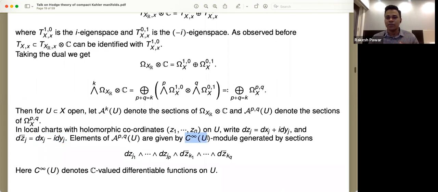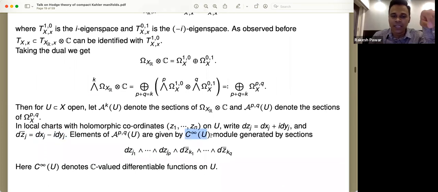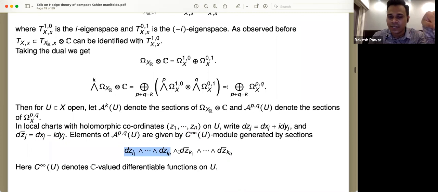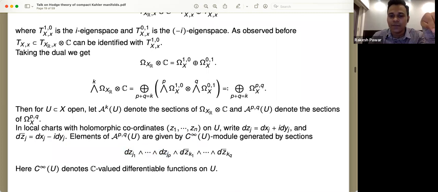So C^infinity(U) is all complex valued differentiable functions on U. So this is a ring, and I want to take the module generated by sections, which are these dz. So you take p many differentials in terms of the coordinates z_i, and take the q many differentials of the anti-holomorphic ones, dz bars, and take the q wedge product of those, and take the p wedge product of those. So that's what the p and q is.